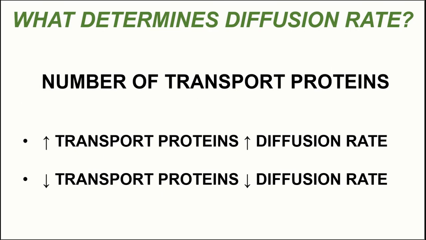And last but not least here, we'll take a look at a factor that is the number of transport proteins in the plasma membrane. Now, some types of diffusion, and we'll get into this in the next segment of lecture, require transport proteins or protein channels within the membrane in order for that substance to cross the plasma membrane. And the relationship here between the number of transport proteins and the rate of diffusion is directly proportional.